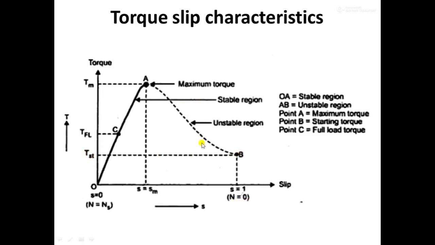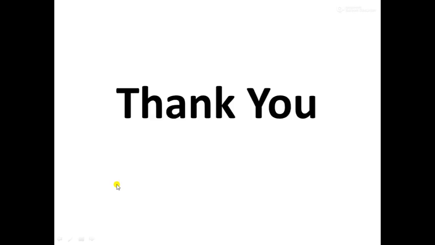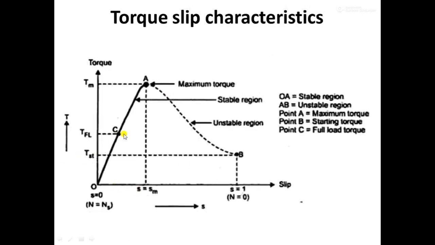If you are considering the low slip region, in the low slip region the torque slip characteristics is almost linear. So if you are trying to increase the mechanical load on the induction motor, definitely the speed of the machine will get reduced. So when the speed of the machine gets reduced, the value of slip will increase. So if you consider this as the initial operating point, and you increase the load on the machine, then the speed gets reduced and the value of slip will be increased.